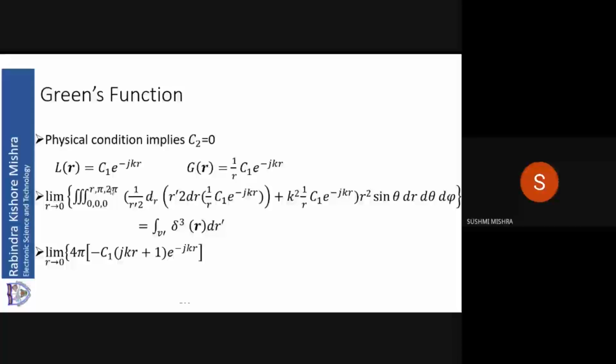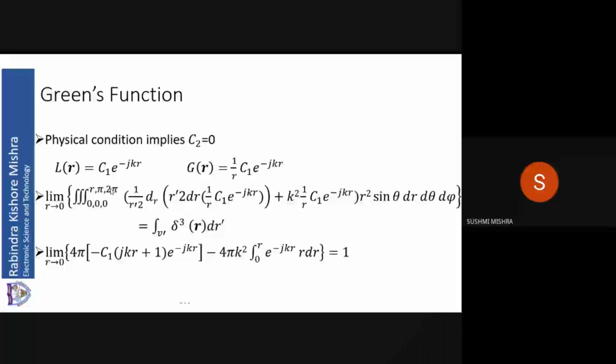So what is left is only the r part. If I integrate that, it is going to give me jkr plus 1 e to the power minus jkr. That is very easy. You can do it yourself in the class or try it in the evening.